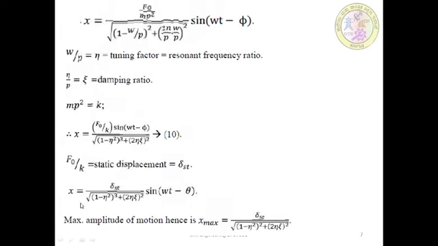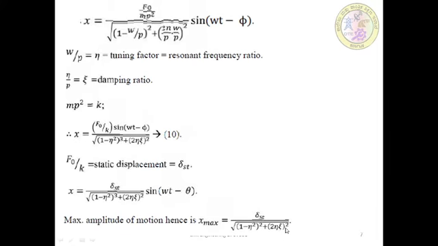So you can rewrite the equation for the maximum amplitude as x maximum equals sigma st divided by square root of (1 minus nu square) whole square plus (2 nu chi) whole square.